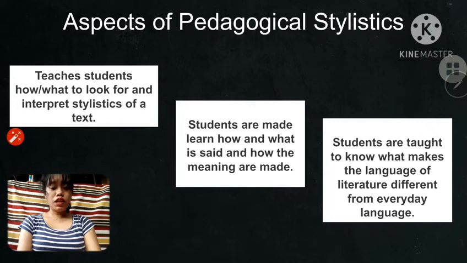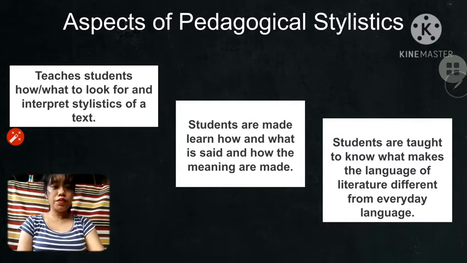Another thing is students are made to learn how and what is said, or the topic it entails, and how the meaning is made by simply analyzing the structure of the text present in the literature. And students are taught what makes the language of a literature differ from our everyday language, if applied or related to the topic.